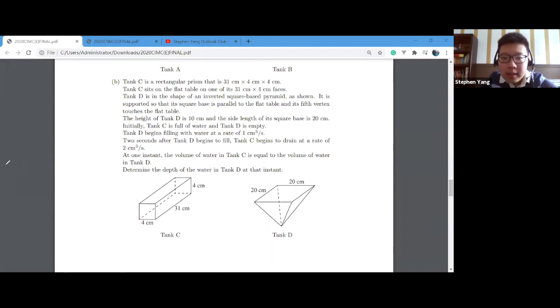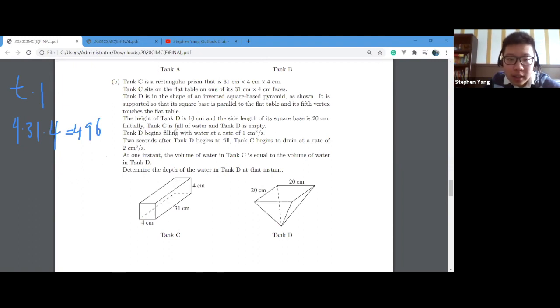So let's say T seconds after tank D starts to fill, there will be T times 1 amount of water in tank D, and in tank C, initially it is full, which means there's 4 times 31 times 4 centimeter cubed amount of water in there, which is 496 centimeter cubed water in tank C.